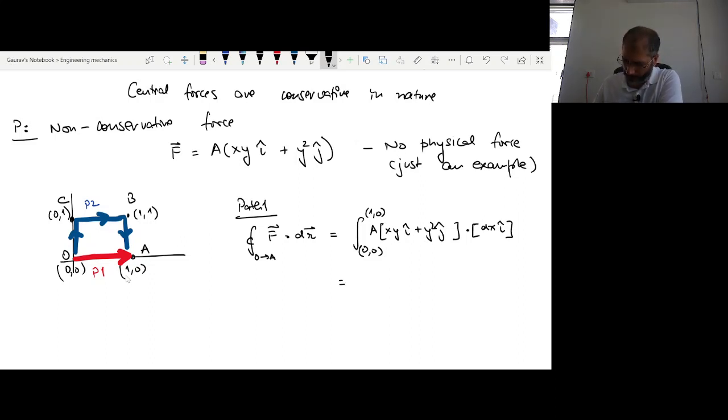So this will become 0, because it will become xy times dx, and whatever the x expression is doesn't matter, because y is 0 for the whole path. So this becomes 0. This is for path number 1.